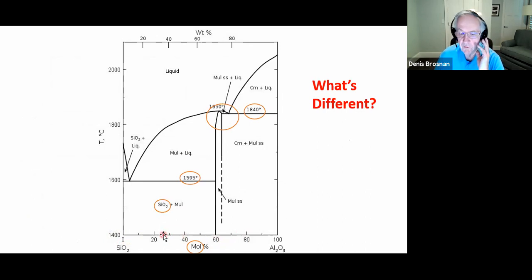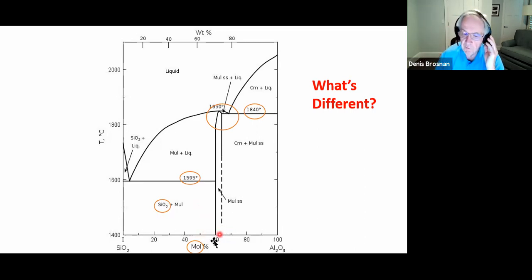The horizontal axis in the previous diagram was weight percent. Well, I've never batched anything by mole percent, so if I'm using this diagram, I'm going to have to figure out what my composition is, and then convert it to weight percent in order to use it. That's why I like to use diagrams that express the composition in weight percent.